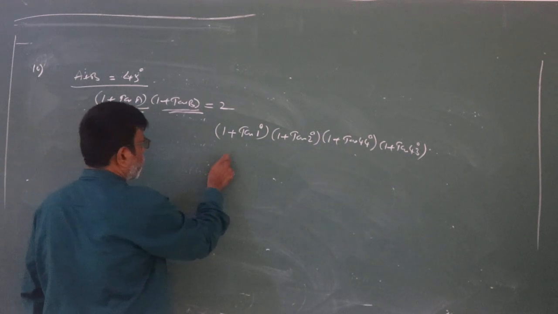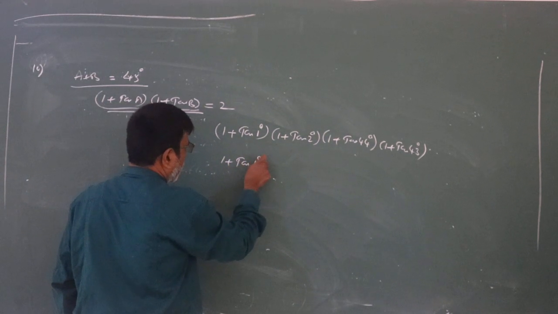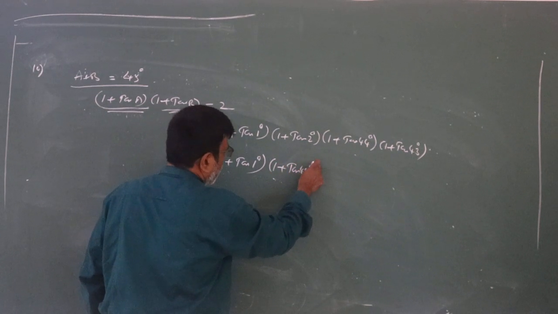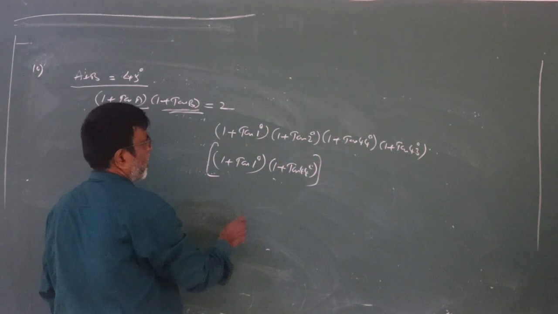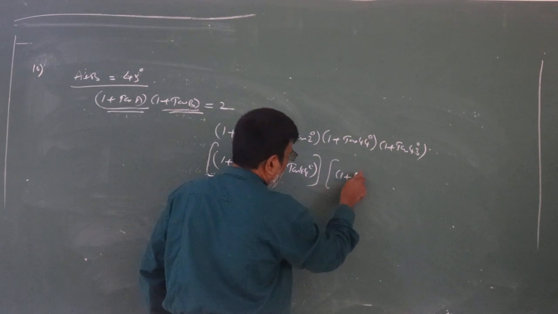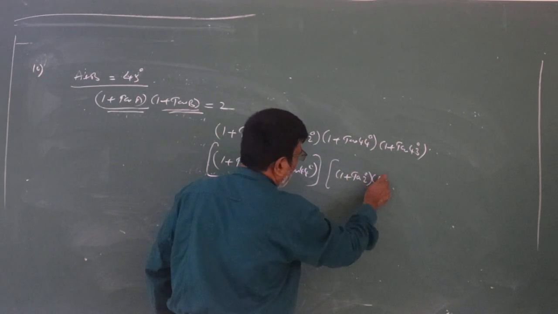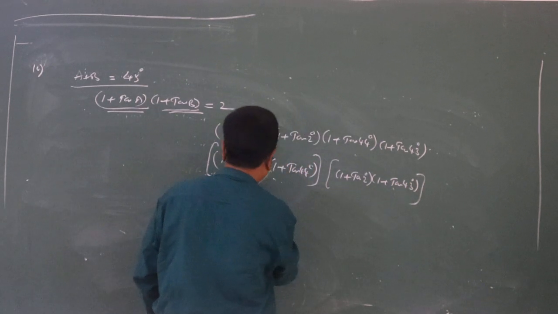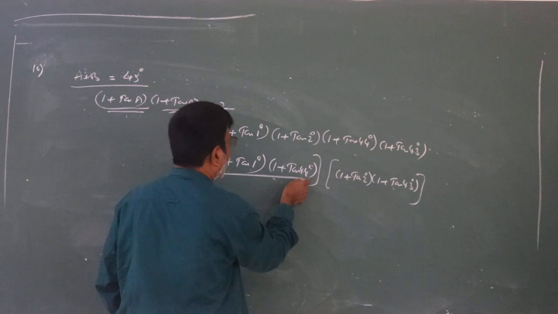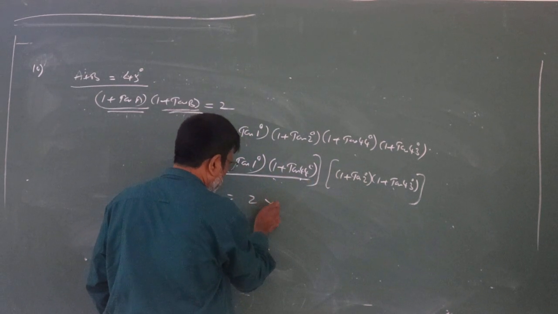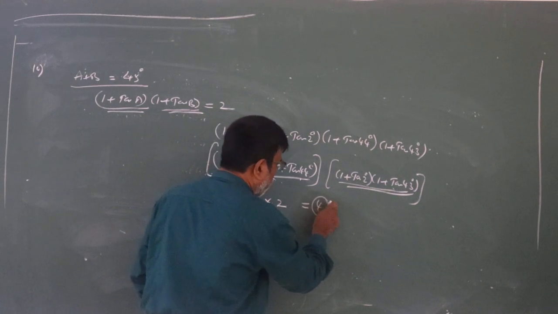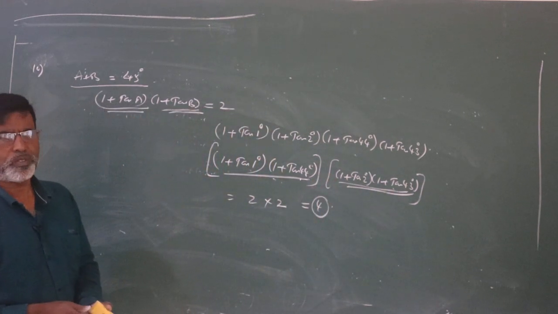Take 1 plus tan 1 degree into 1 plus tan 44 degrees and put these two in one bracket. Then 1 plus tan 2 degrees into 1 plus tan 43 degrees, put these two in another bracket. Here 1 plus 44 is 45 degrees, so this value is 2. Again this value is also 2. We simply get the value 4.